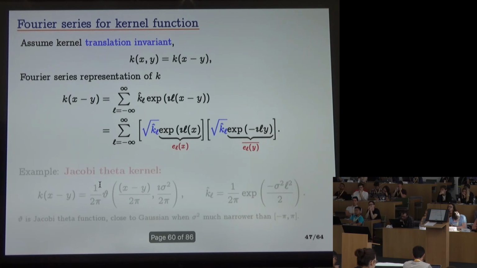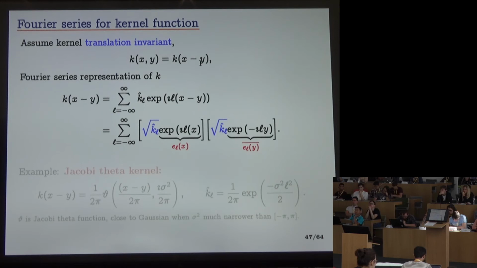Okay. What about my kernel? My kernel is a function of a difference of the arguments. Think of the exponentiated quadratic kernel: it's e to the norm of x minus y, and so on.